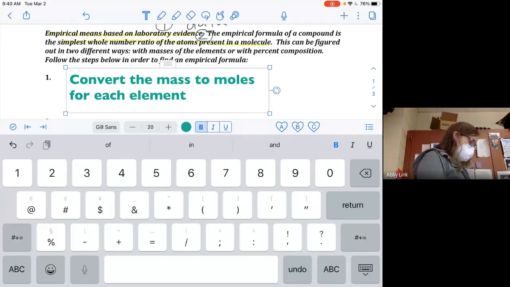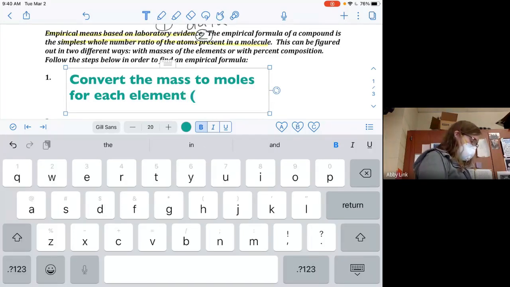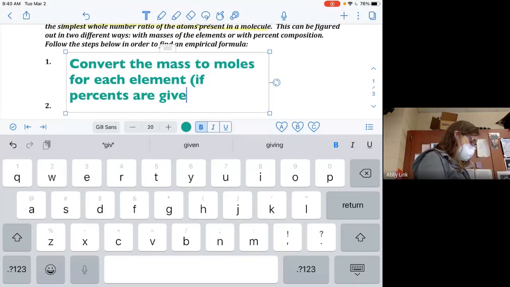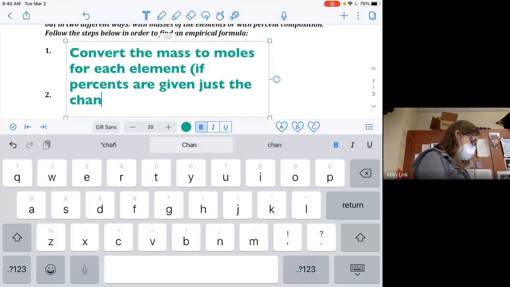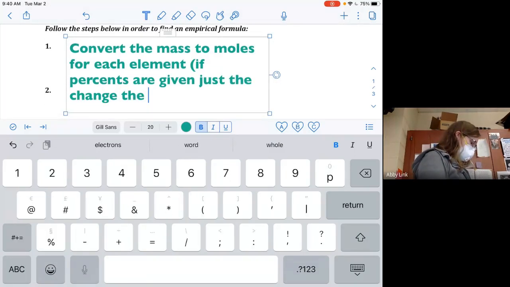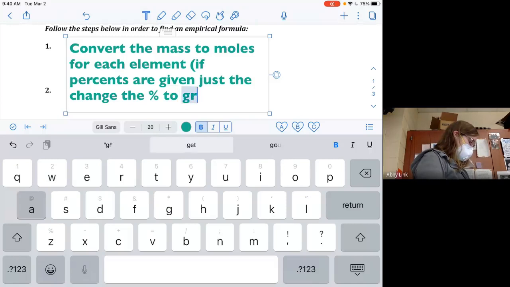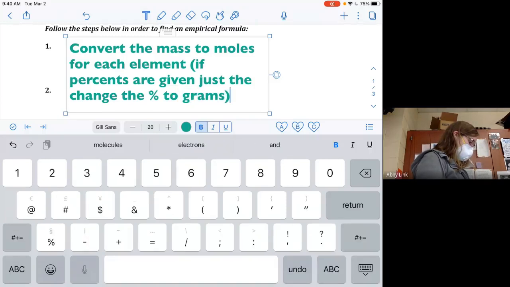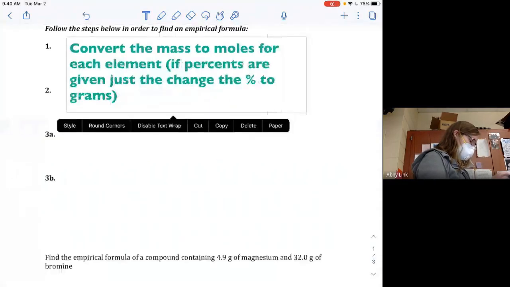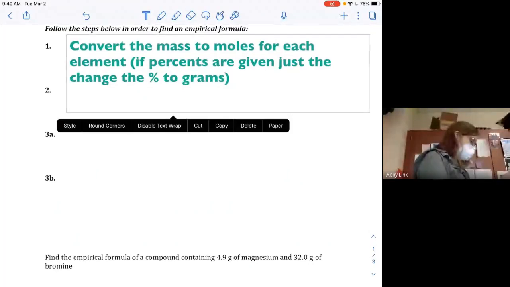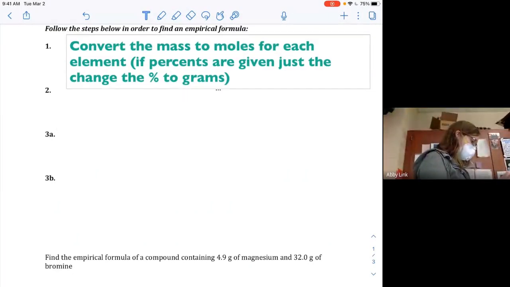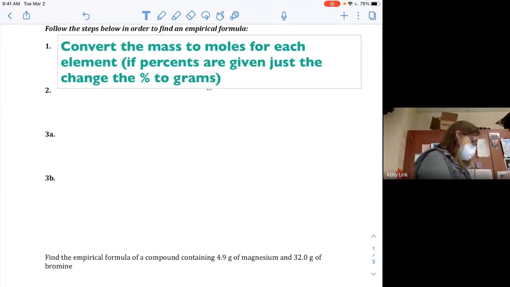All right. I'm going to add a little parenthesis in here because sometimes percents will be given to you. And if they are given to you, you're just going to change that percent to grams. We'll do a problem that has the percents, so you'll see exactly, hopefully, what I mean here in a few moments.